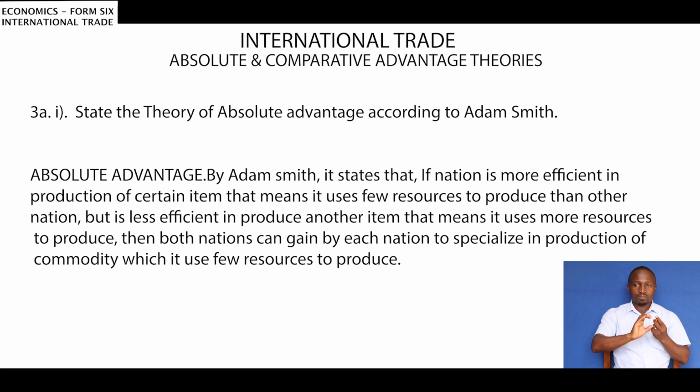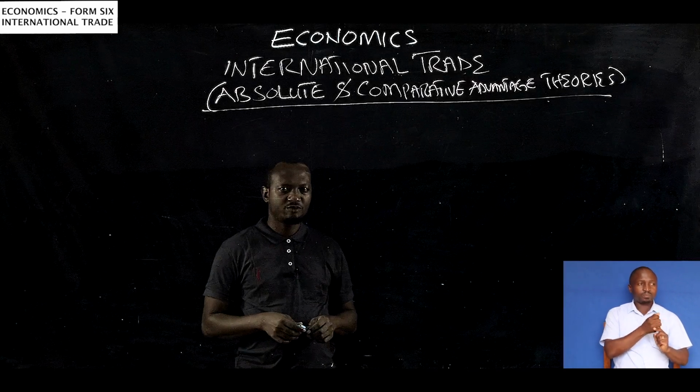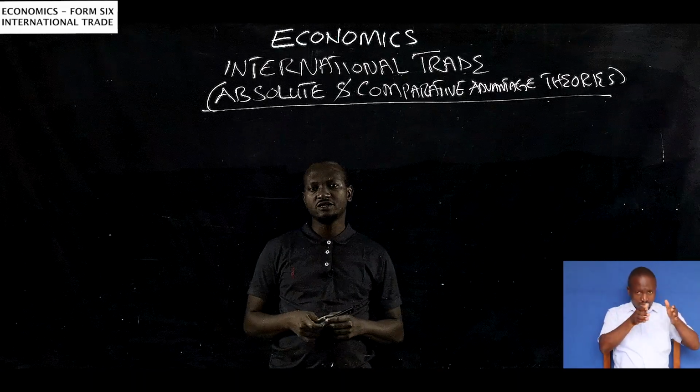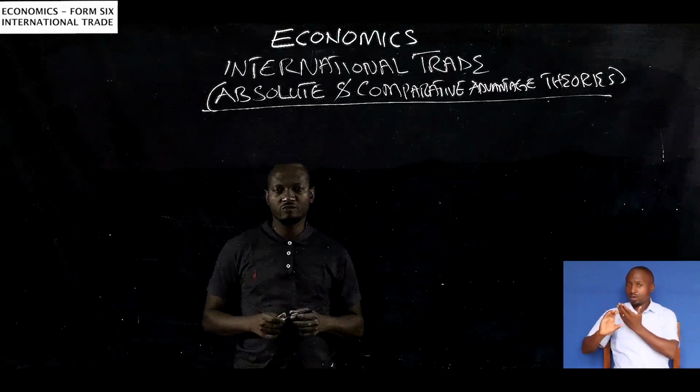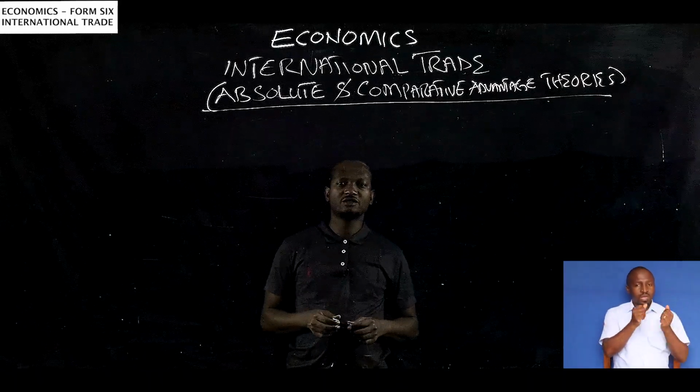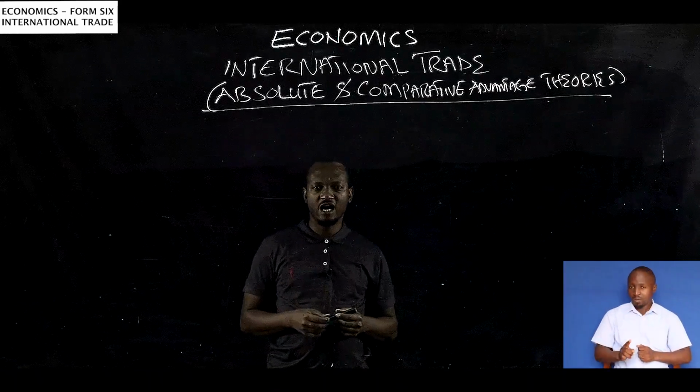Therefore, according to this theory, countries should specialize in the production of a commodity in which they have absolute advantage and import the commodity in which they have absolute disadvantage. So Adam Smith, according to this theory, is insisting on specialization. That means a country should deal with the production of the commodity in which it has absolute advantage.